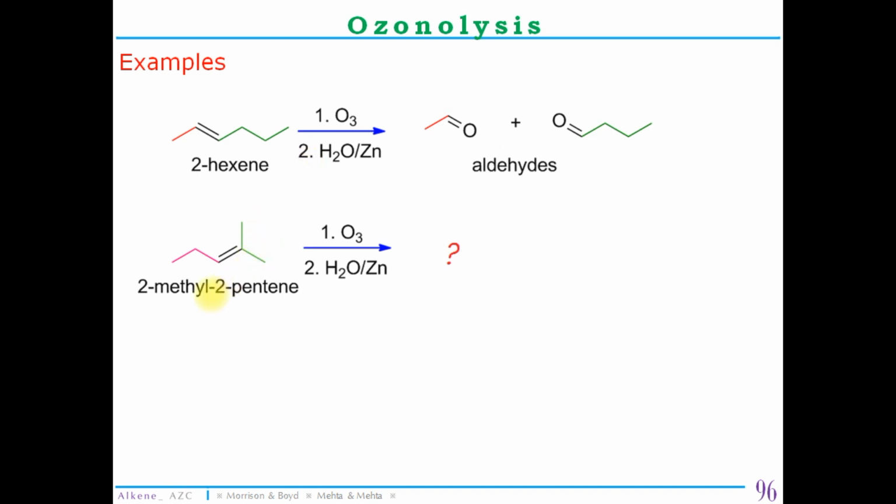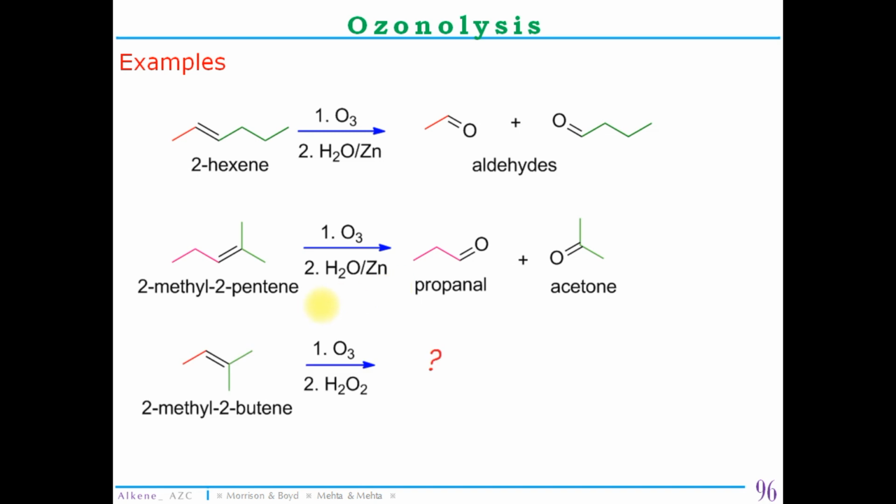In the second reaction, where 2-methyl-2-pentene is reacted with the same reagents, one side of the alkene contains two methyl groups. So here incorporation of oxygen gives a ketone, which is acetone, and on the second side an ethyl group is there, and here the sp2 carbon gives propanal.